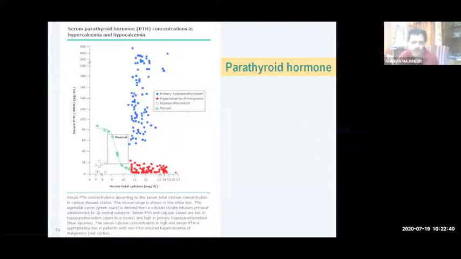So if you find that the calcium level is low and the parathyroid hormone level is high, it is an appropriate rise of the parathyroid hormone, because calcium is the strongest stimulus for parathyroid hormone release.